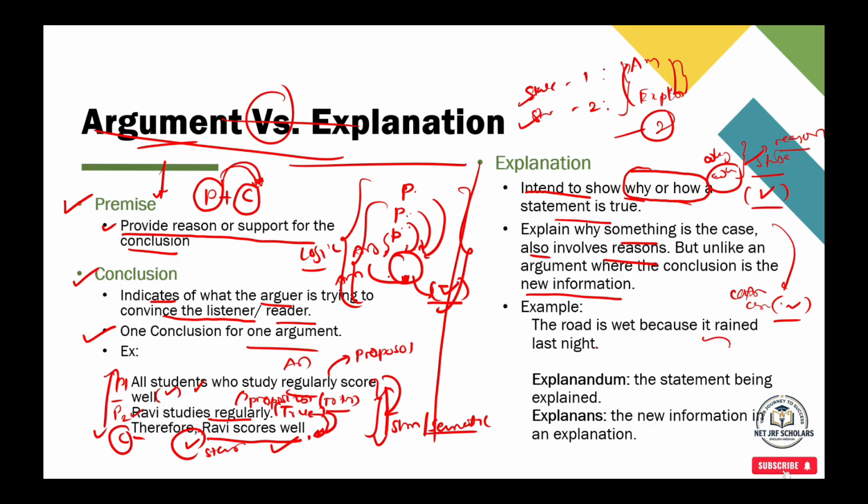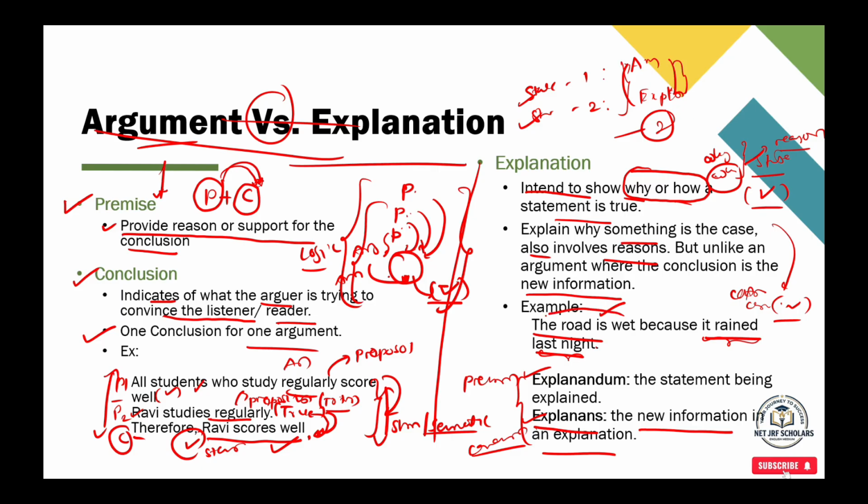As you can see, the road is wet because it rained last night. So here there are two statements: the road is wet and it rained last night. There are two terms, explanandum and explanans, as in premises and conclusion. The new information in any explanation is the explanans.